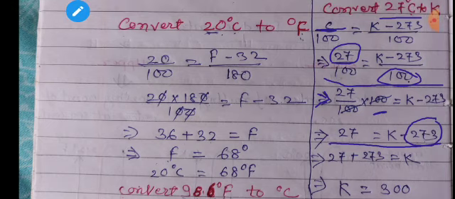If we take it to the LHS, it will get added, and the equation becomes 27 plus 273 equal to K. So finally by adding these two, we get 300, and thus K equal to 300. In this way, students, we have seen how we can convert 27 degrees Celsius into Kelvin.